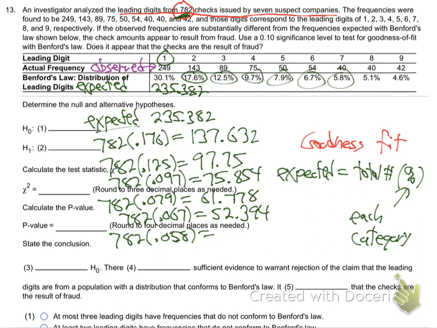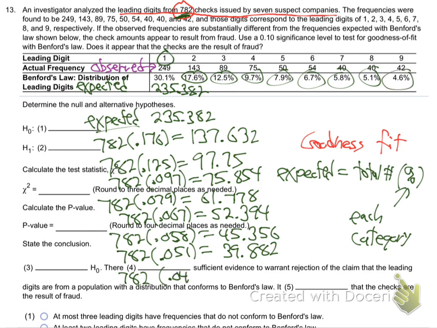I got 45.356. Next one, 782 times 0.051. Got 39.882. And last one, 782 times 0.046. I get 35.972. I know your calculator won't take all those digits. It'll take most of them.